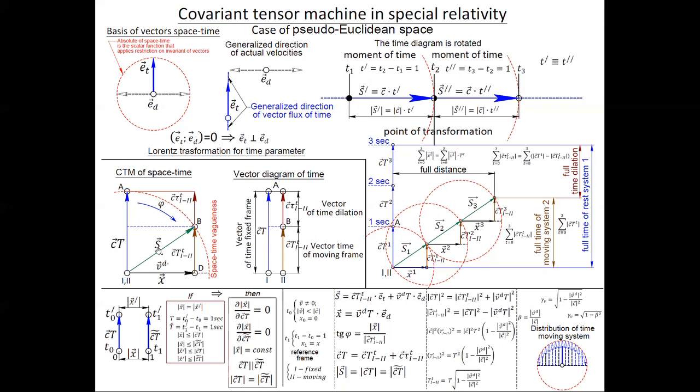First, the connection between the first and second reference frame is a scalar function. It's a circle, because there exists a rotation of the vector. Such a circle or scalar function is named the absolute. The absolute of spacetime is the scalar function that applies a restriction on the invariant of vectors.